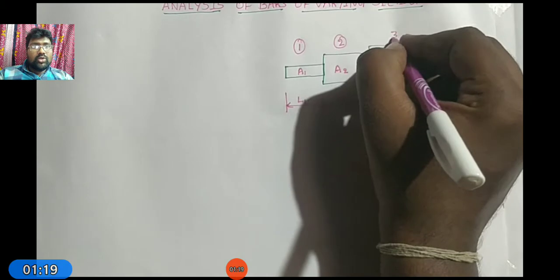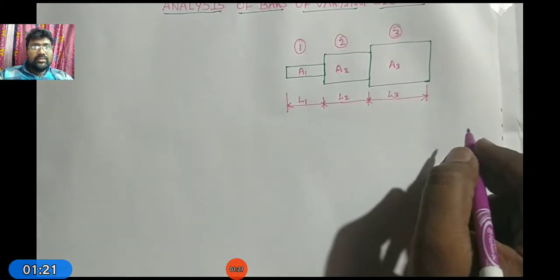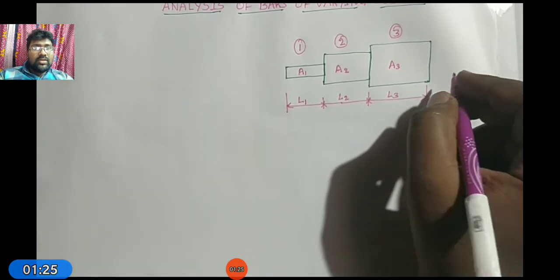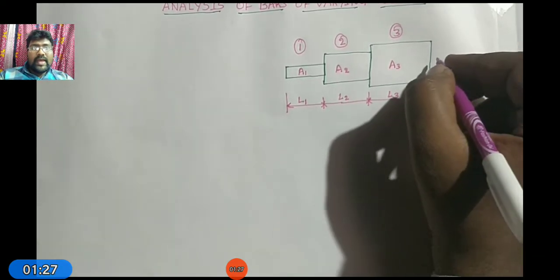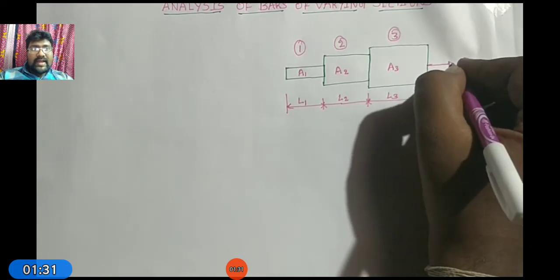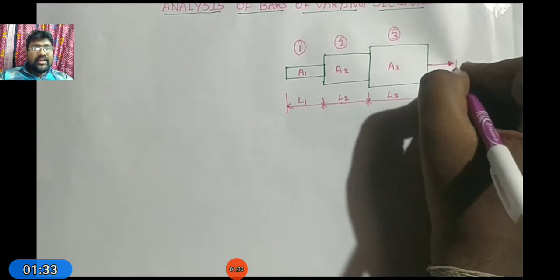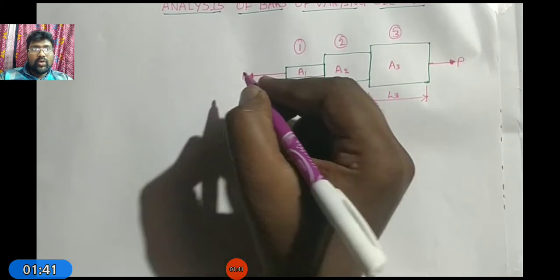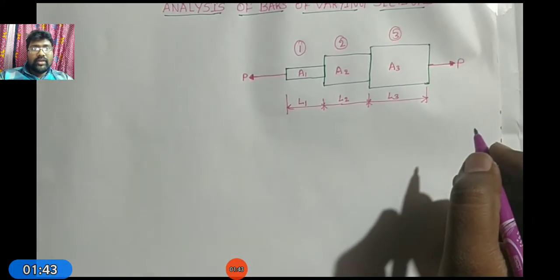Section 1, 2 and 3. Next, it is subjected to an axial load P at its right side and left side of the bar. Both sides of the bar are subject to the same load.